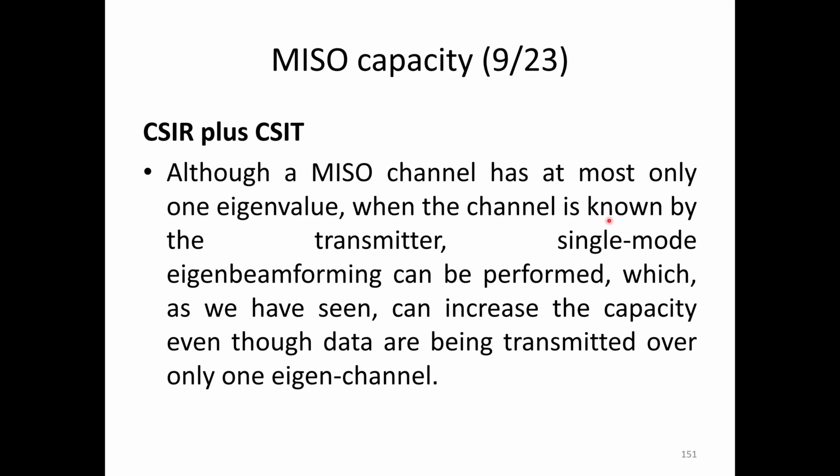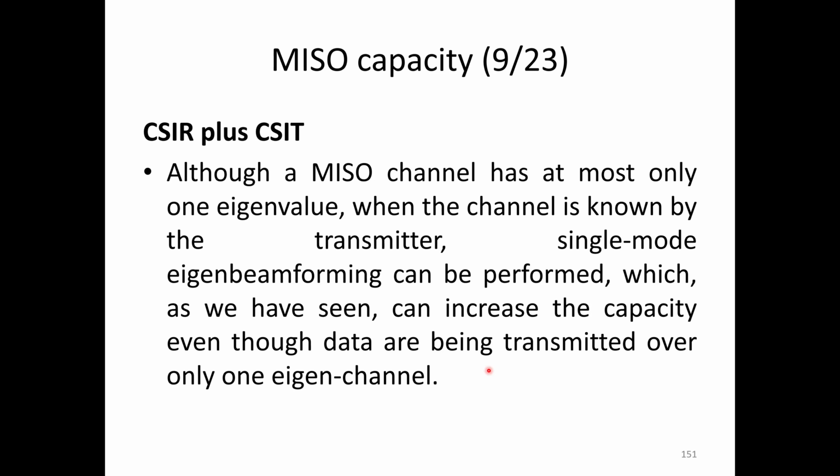When the channel is known by the transmitter, single mode eigenbeamforming can be performed. Because there is only one eigenvalue, we only have one eigenmode. It is easy to understand. Which, as we have seen, can increase the capacity even though data are being transmitted over only one eigenchannel.